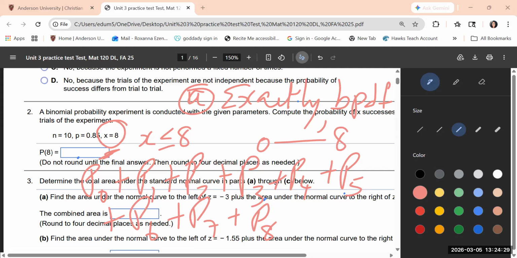All right, I can do it one by one, or I can actually combine them. So I'm going to combine them. I'm going to use a density curve to represent what I mean.